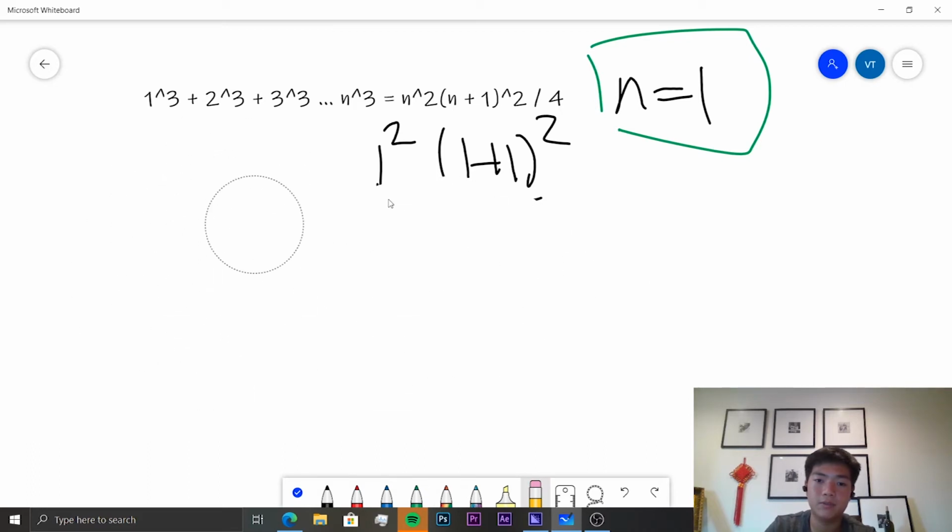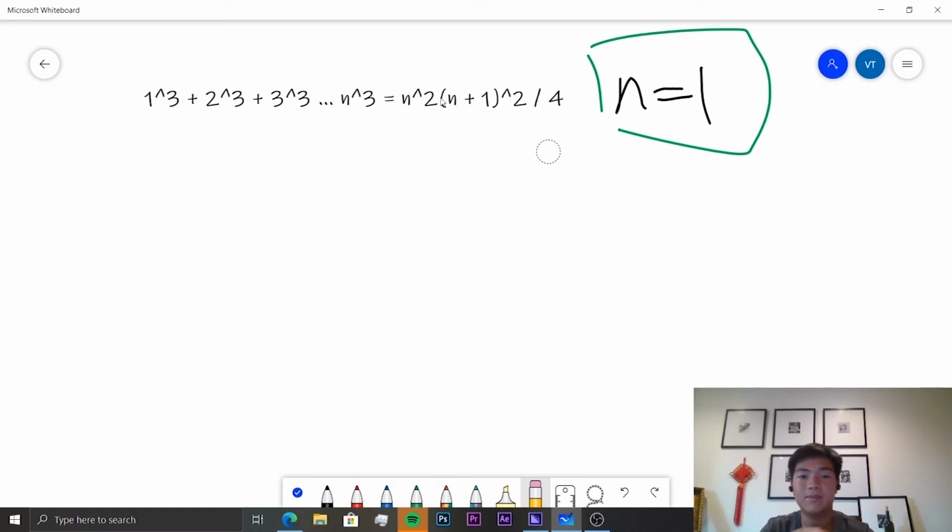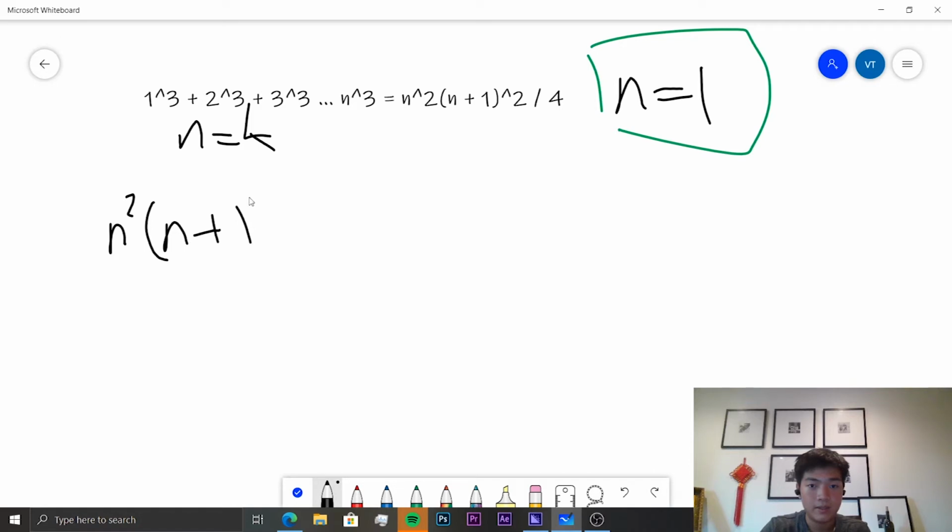Now we need to do our inductive step. Assuming that this statement is true for all values of n, we want to prove that it's true for the next value of n. So we have n squared times n plus 1 squared over 4, which we assume is correct in that it's the sum of all cubes from 1 to n.